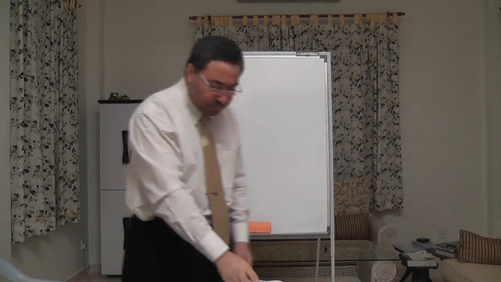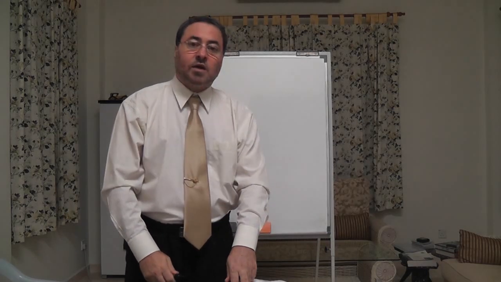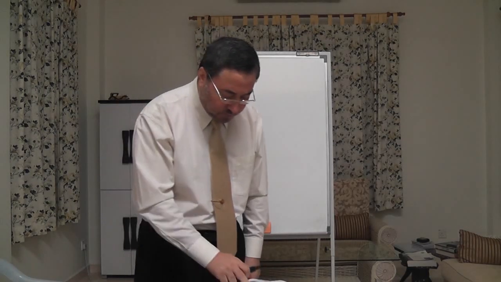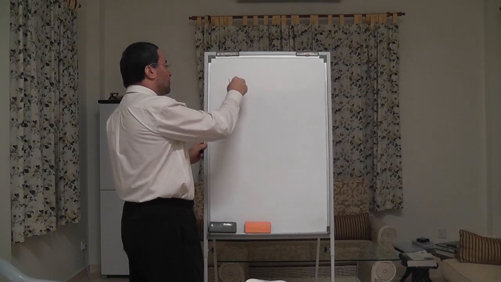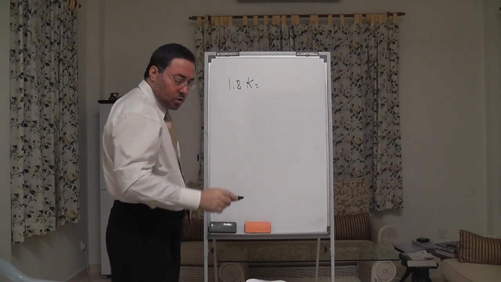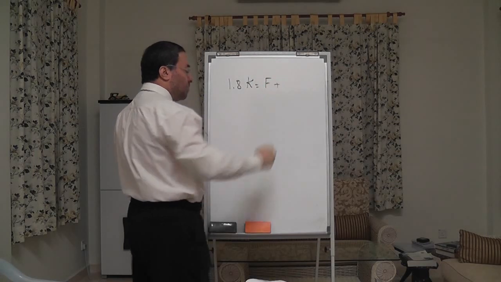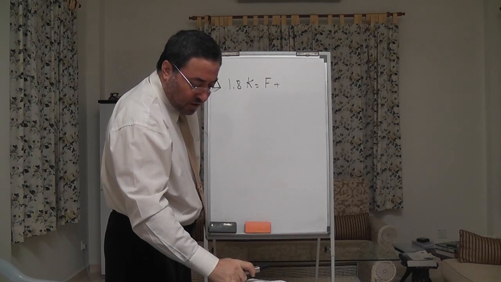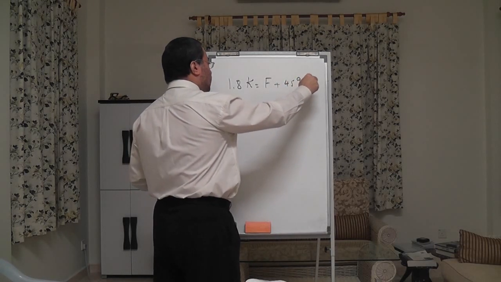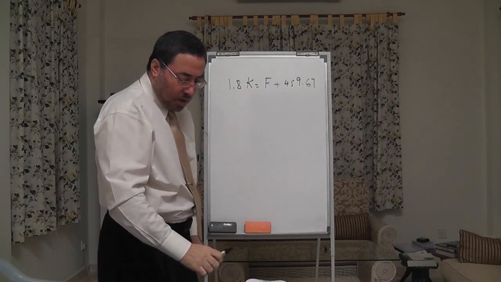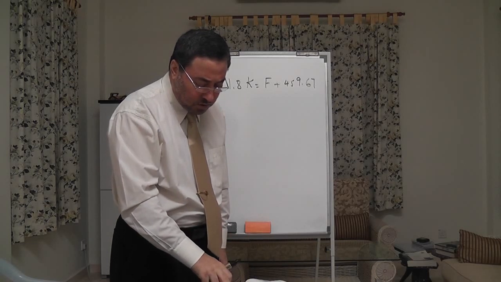Here we have a formula that's given to us that converts degrees Fahrenheit to degrees Kelvin. So the formula is 1.8 K equals the degrees in Fahrenheit plus 459.67. And we are asked, is a temperature of 300 Kelvin comfortable?